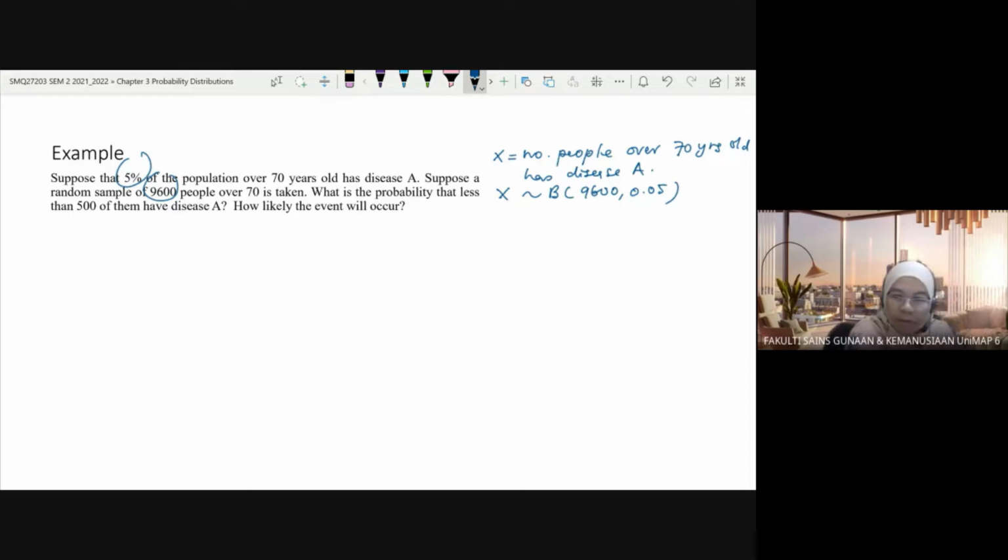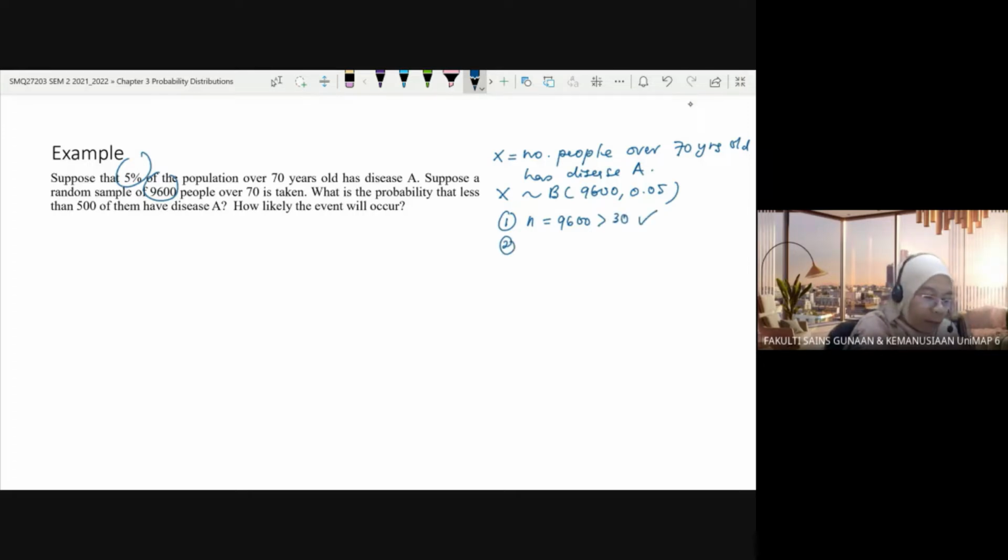From this, you know that we are discussing the normal approximation of the binomial. So we need to check whether this can be approximated by normal or not. We have to check the three criteria, beginning with the number of trials. n in this case is 9,600, which is greater than 30, so this is fulfilled.